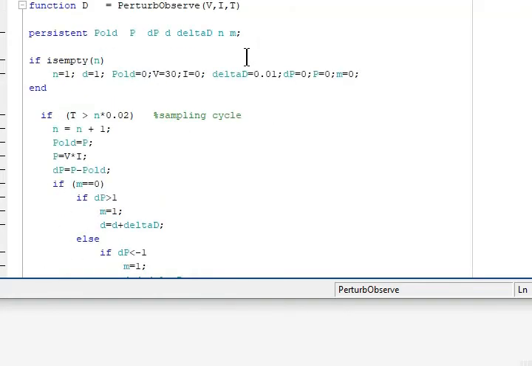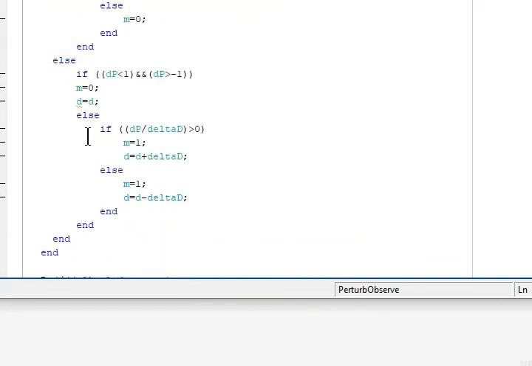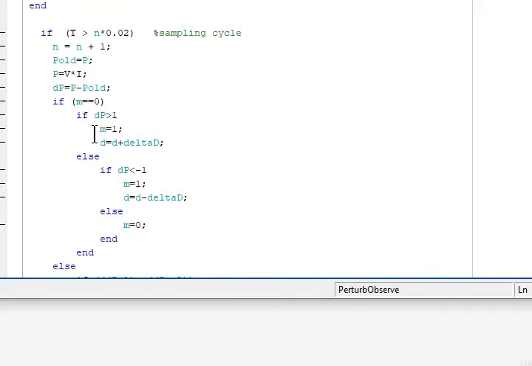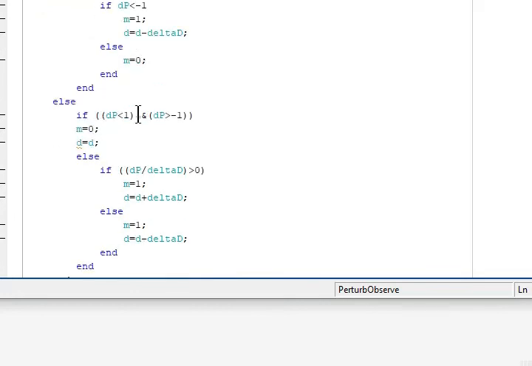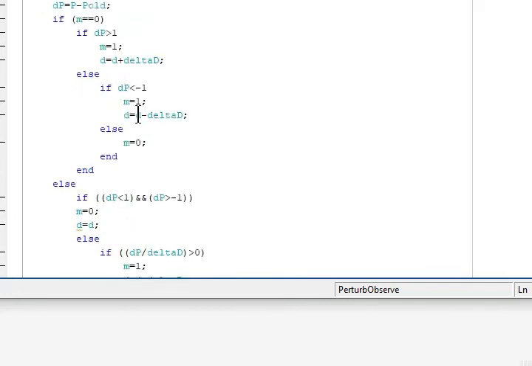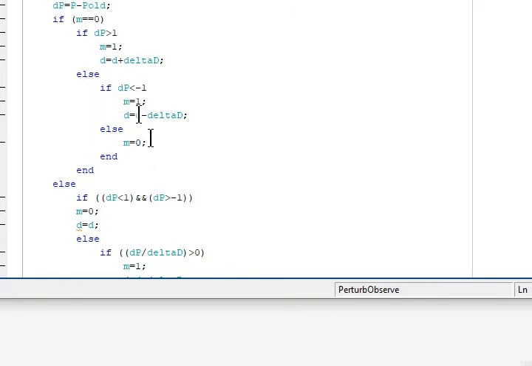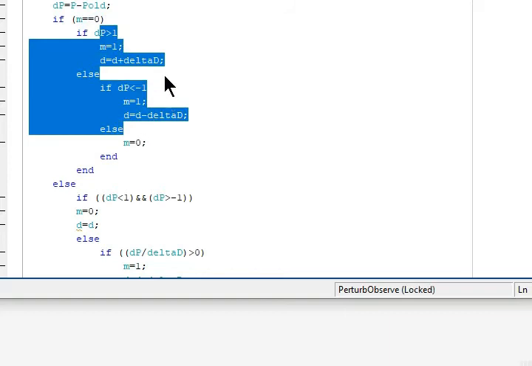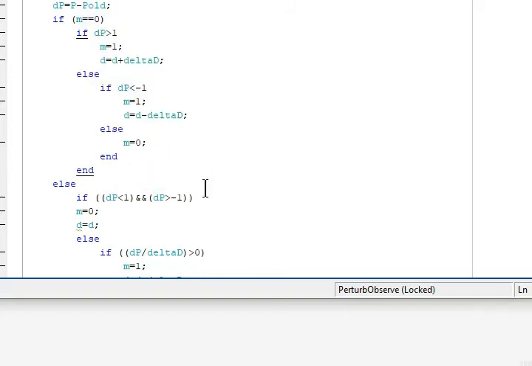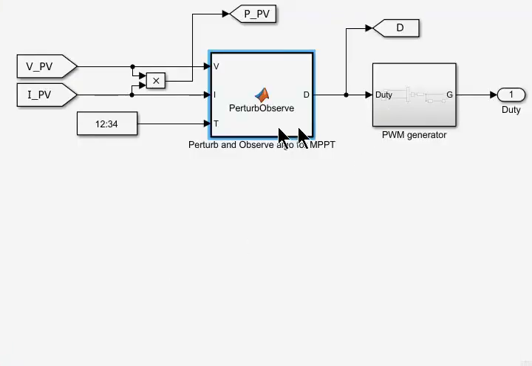You can see the perturb and observe algorithm taking V and I, and here we find whether the change in P is less than -1 or greater than 1. Accordingly we increase or decrease the delta, as discussed earlier with the flow chart.